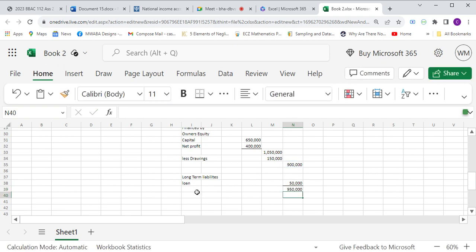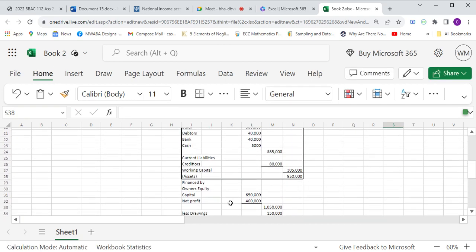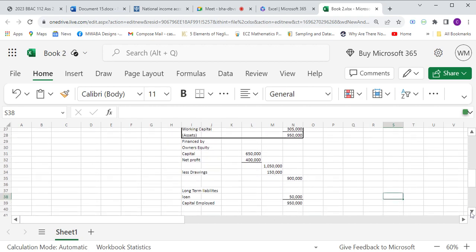That's 950,000. So this is the capital employed. All right. So as I said earlier, your net assets, which is fixed assets plus working capital, must equal the capital employed. So here our balance sheet has balanced.